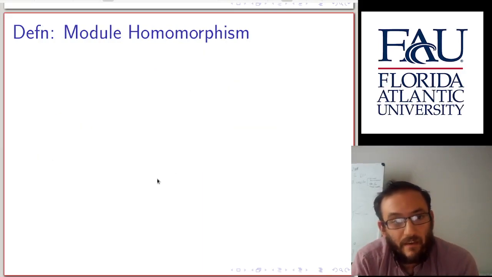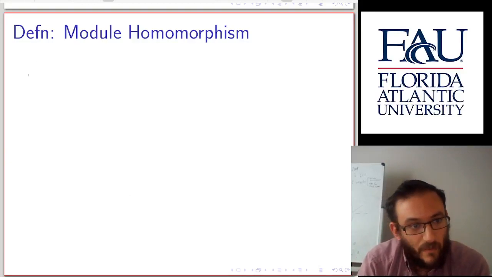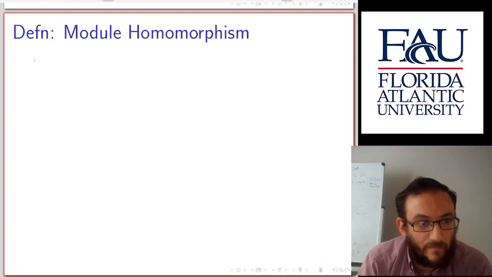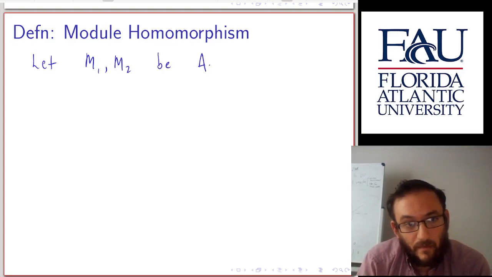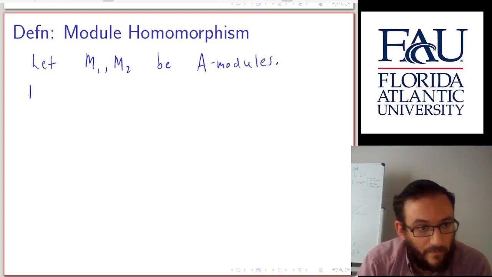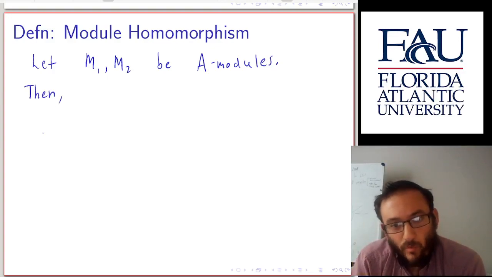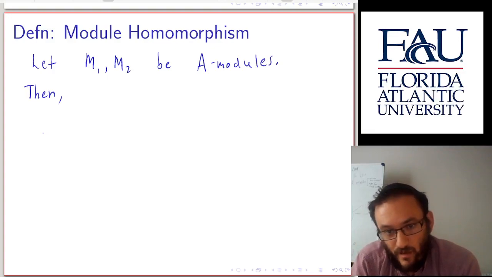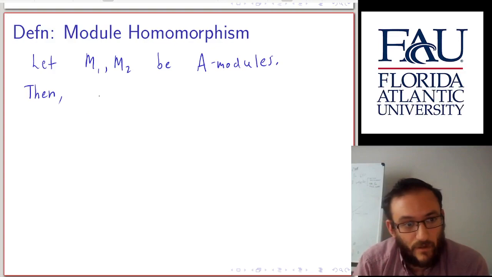Okay, so we have submodules, and we can define module homomorphisms. Let M1 and M2 be A modules. Then we want homomorphisms to interact well with the structure of A modules, as we would hope.